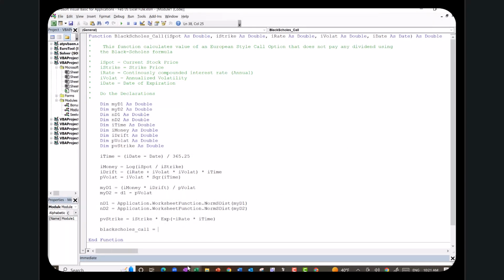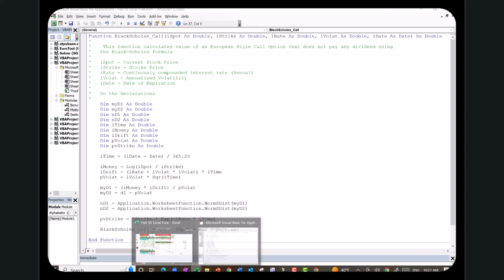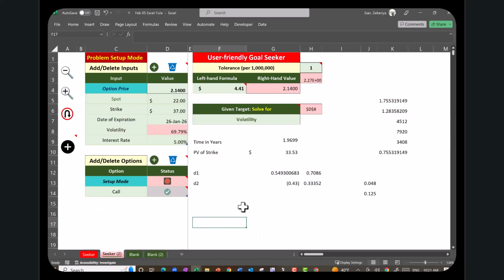So N d1 times I spot minus N d2 times PV strike. If I have done everything right, we should be home. Let's just see that we have. I'm going to send you guys home even if we haven't.